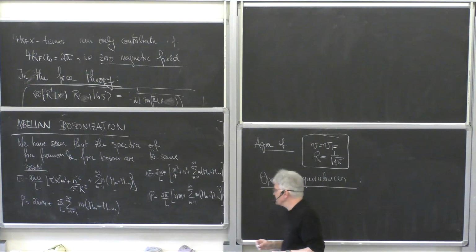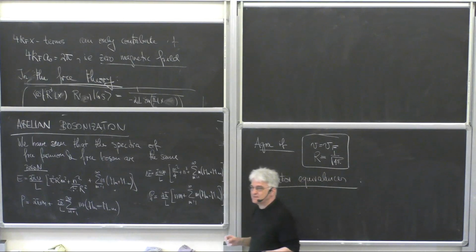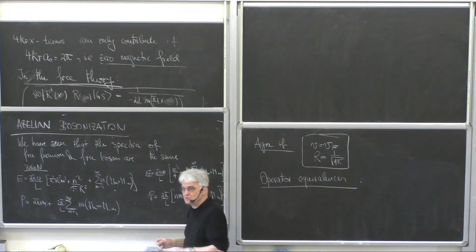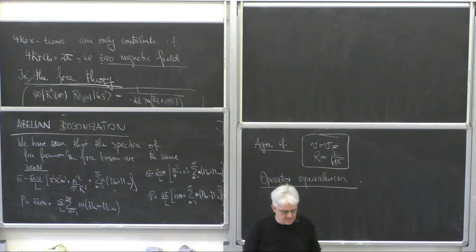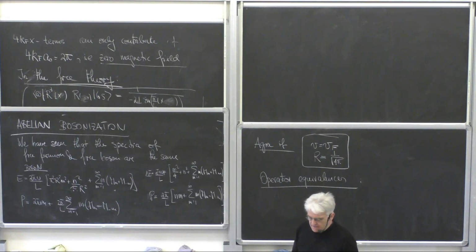I mentioned this when I wrote it down. Yesterday we computed the spectrum of low-lying excitations of the lattice model. In the lattice model, I have the information about 2k_F.